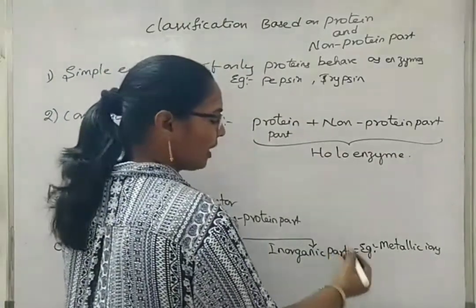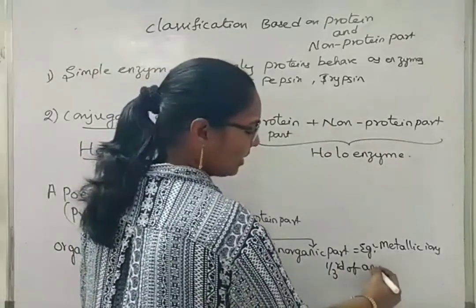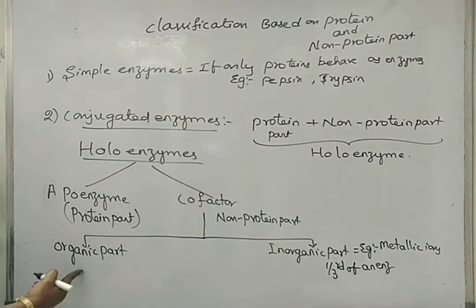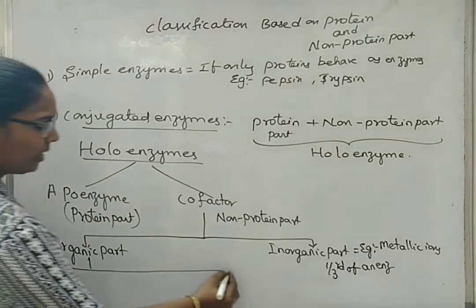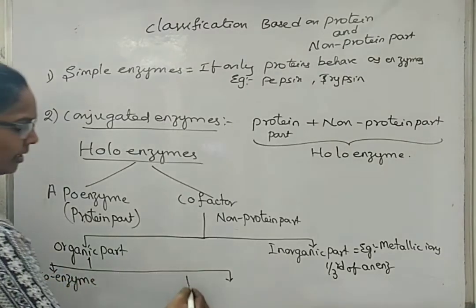They constitute about 1/3 of enzymes, needed for the complete activity of an enzyme. Under the organic part, again it is classified into coenzyme and prosthetic group.